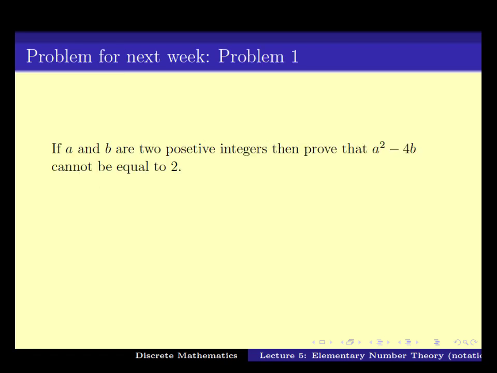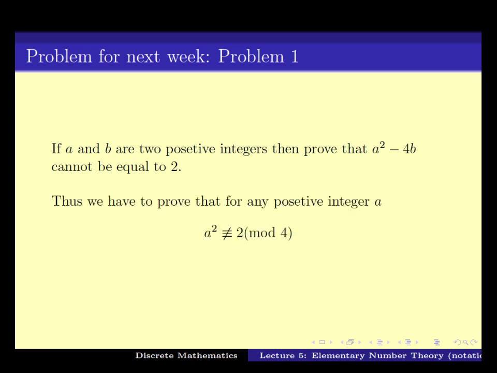Problem 1 is that if a and b are 2 positive integers, then prove that a squared minus 4b cannot be equal to 2. So irrespective of what a and b are, as long as they are positive integers, a squared minus 4b cannot be equal to 2.